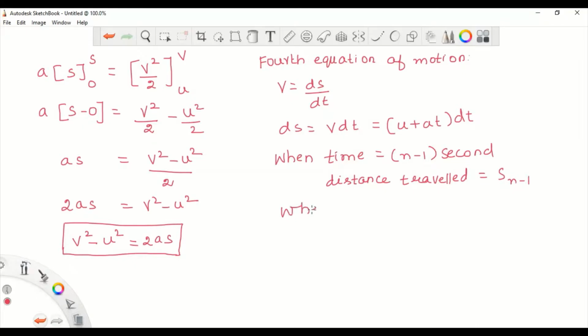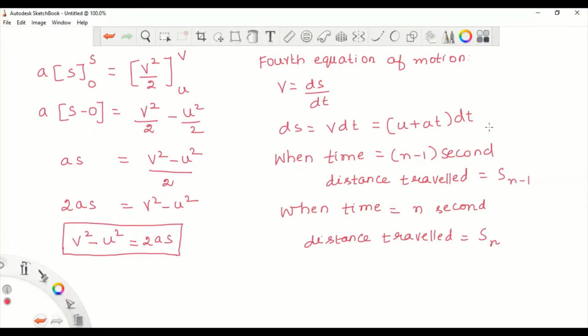When time is equal to n second, then distance traveled is equal to Sn. Okay.